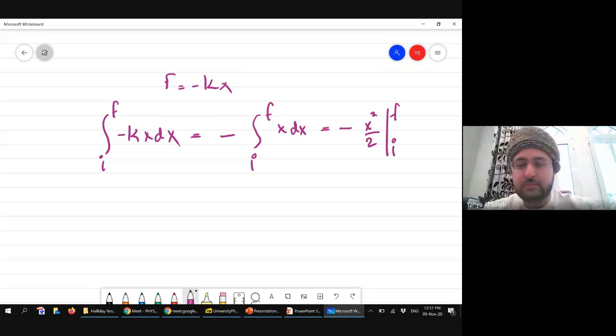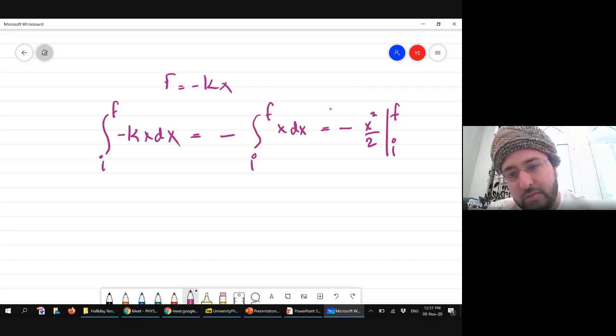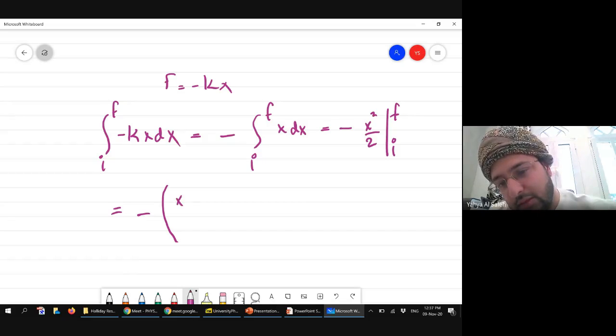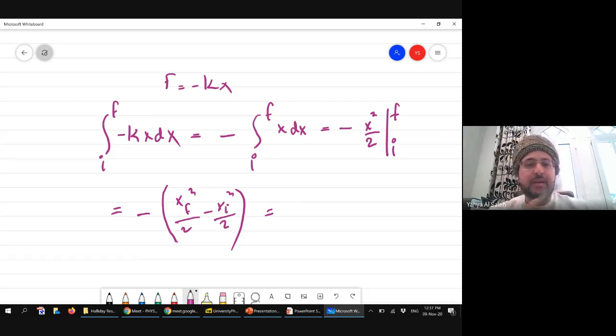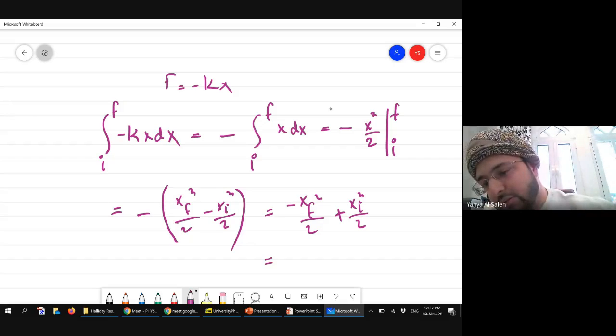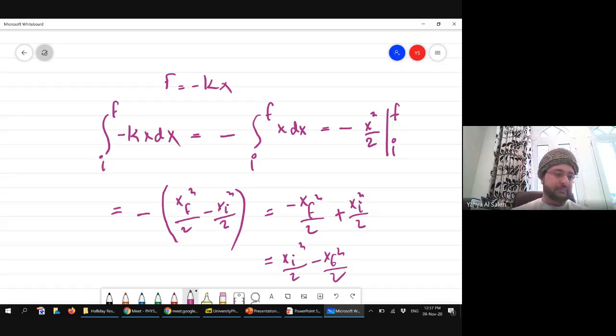Correct so far? We agree? So it's minus xf squared over 2 minus xi squared over 2. But we have a minus sign on the outside. So it becomes minus xf squared over 2 plus xi squared over 2. So you end up with this. Okay. Thank you.